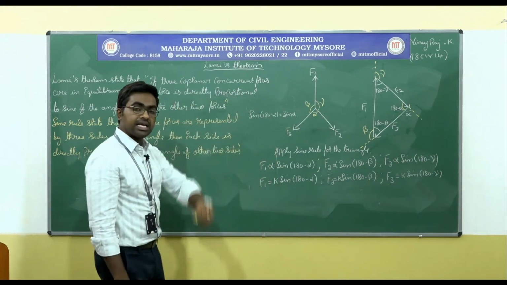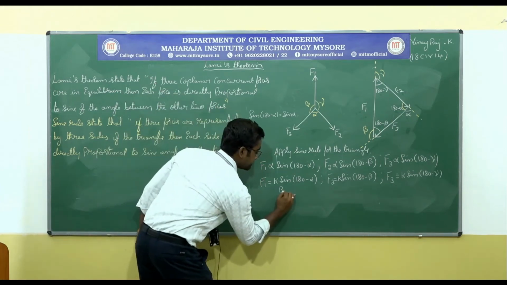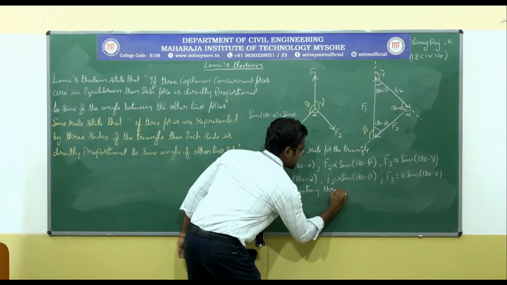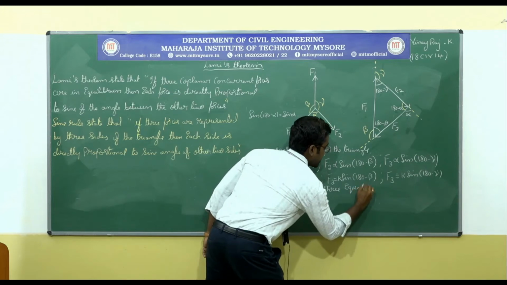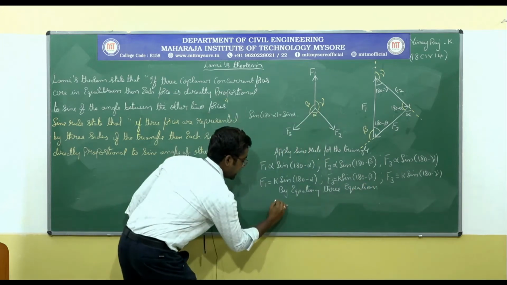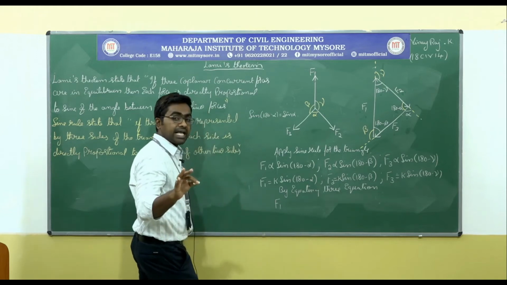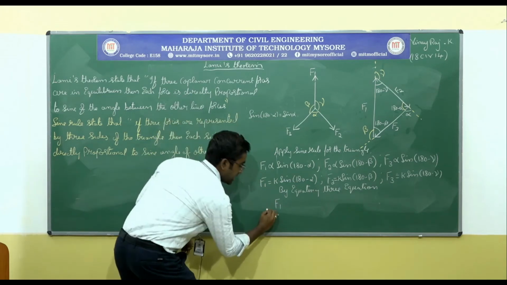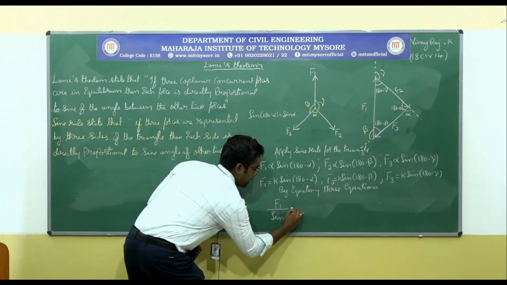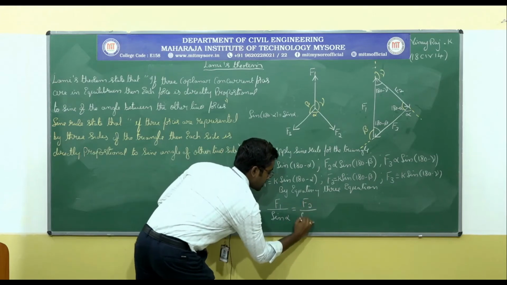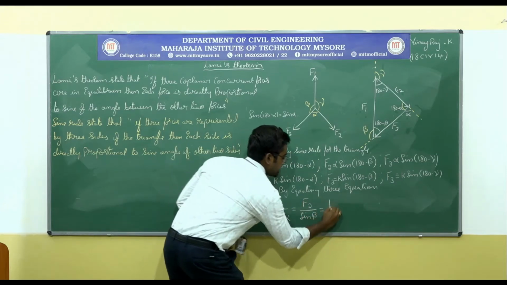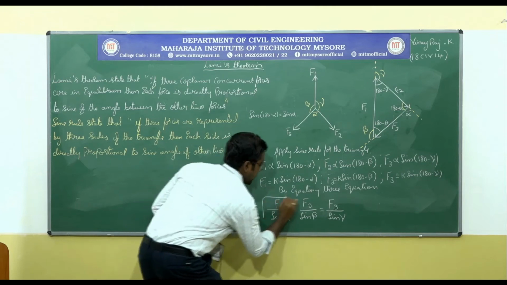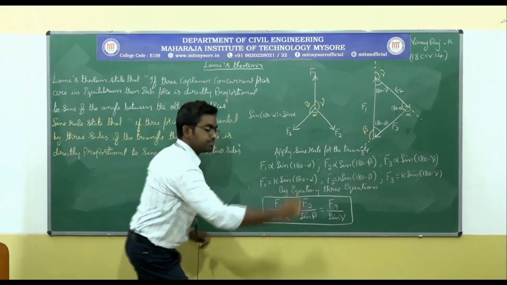By equating all these three equations, we get F1, k is a constant, it will be cancelled, and sine of 180 minus alpha is equal to sine alpha, and F1 is proportional to sine alpha equals F2 is proportional to sine beta equals F3 is proportional to sine gamma, and thus it proves Lami's theorem.